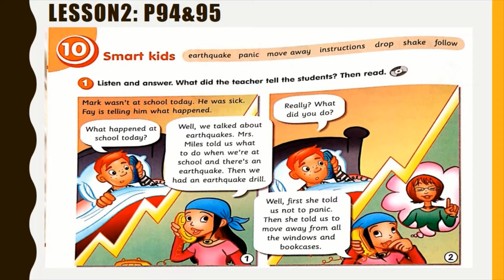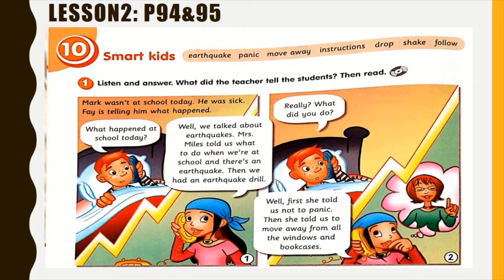Mark wasn't at school today. He was sick. Faye is telling him what happened. What happened at school today? Well, we talked about earthquakes. Mrs. Miles told us what to do when we are at school and there is an earthquake. Then we had an earthquake drill. Really? What did you do?